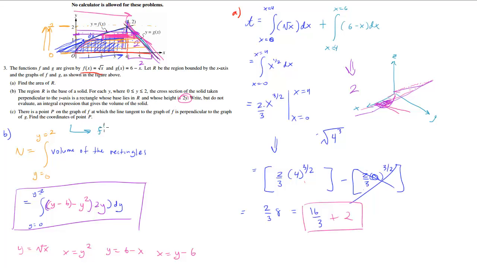So you're trying to find when f prime of x equals something perpendicular to g of x. Well, g is just a line with a slope of -1. So g prime of x is -1, right?